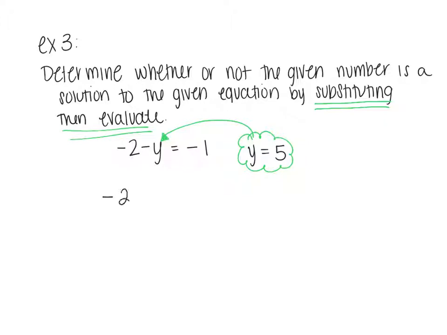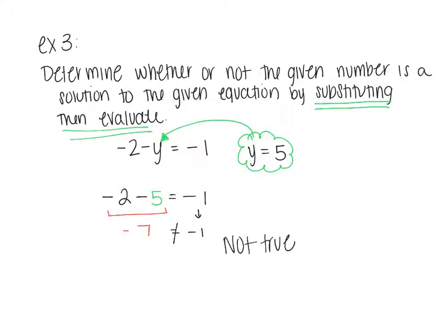So I have negative 2 minus y, which is 5, equals negative 1. Okay, so on the left-hand side, I'm going to combine those. Negative 2 minus 5 is going to give me negative 7, and then carry down equals negative 1. Well, is negative 7 the same thing as negative 1? No, that is not a true statement.